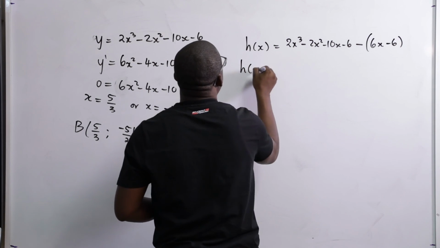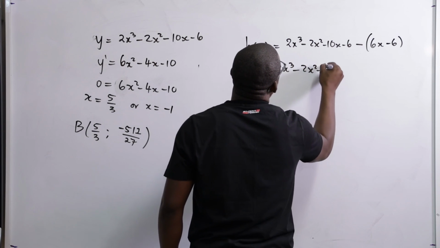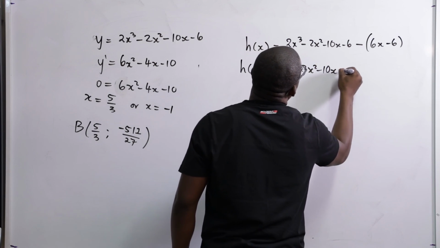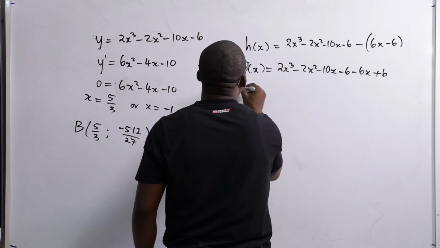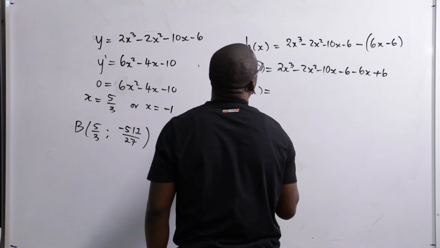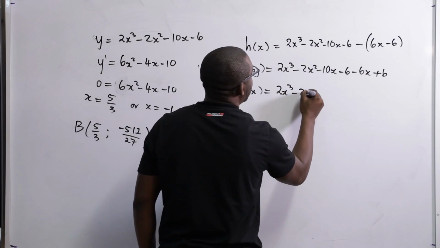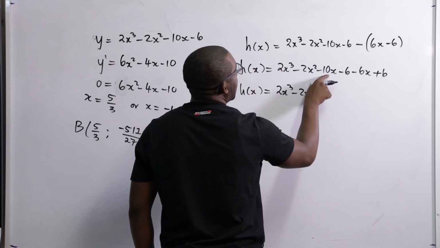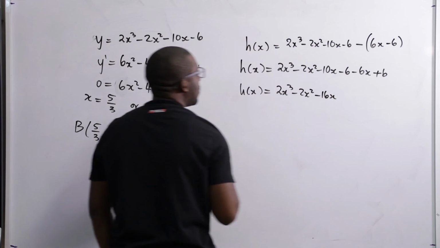That means h of x is 2x cubed minus 2x squared minus 10x minus 6x plus 6. h of x is therefore 2x cubed minus 2x squared, these are like terms, minus 16x. The 6 and minus 6 cancel.